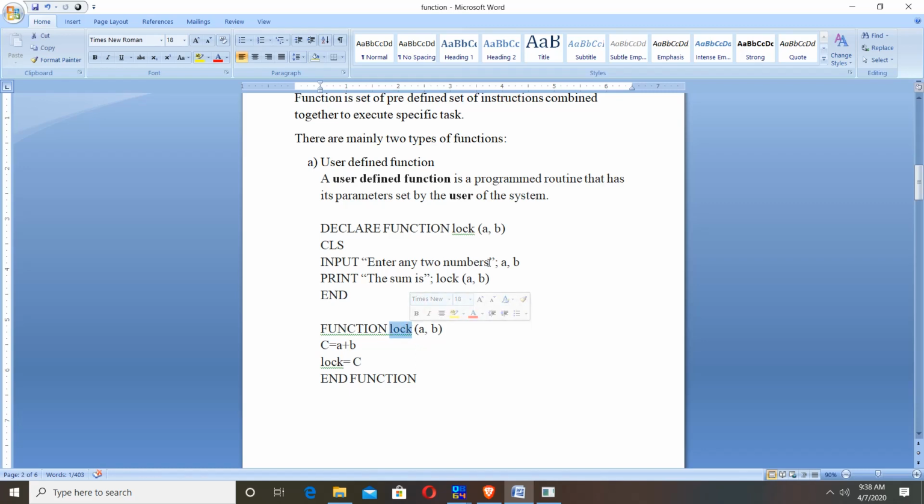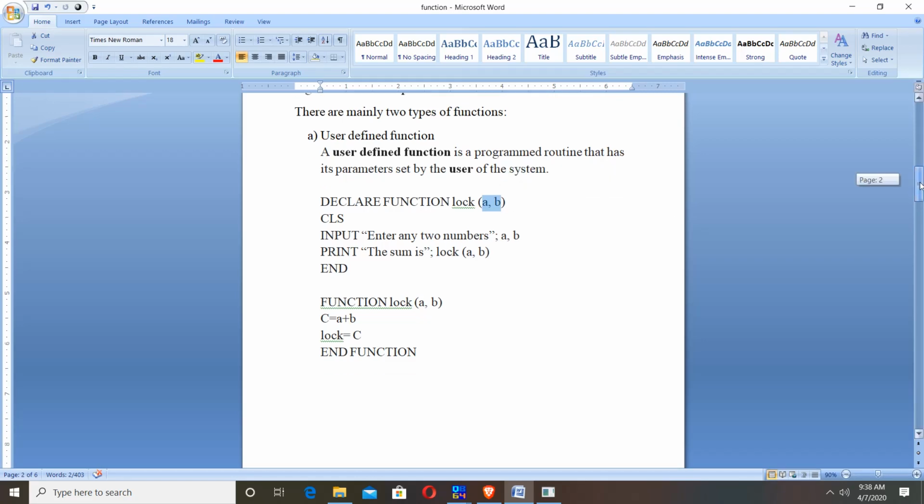Similarly, the parameters used in this program are A and B. The arguments are also A and B. The real or actual parameters used in this program are A and B, and the formal parameters are also A and B.